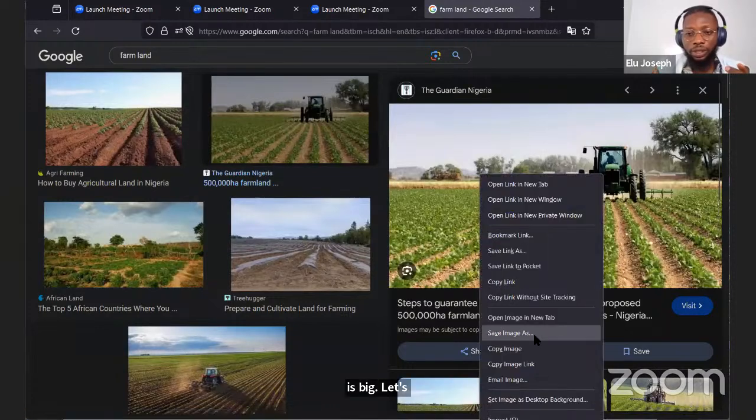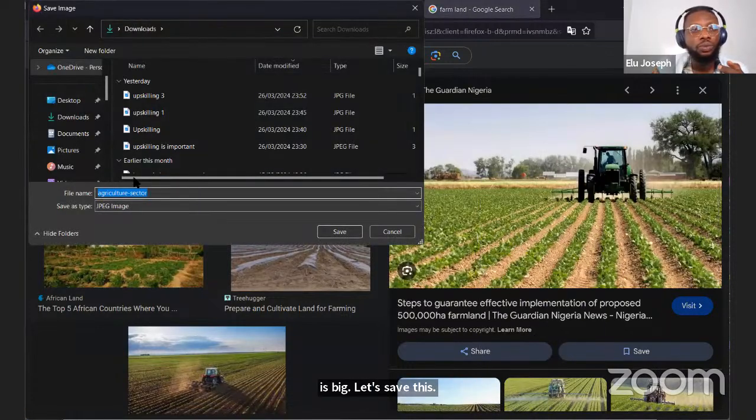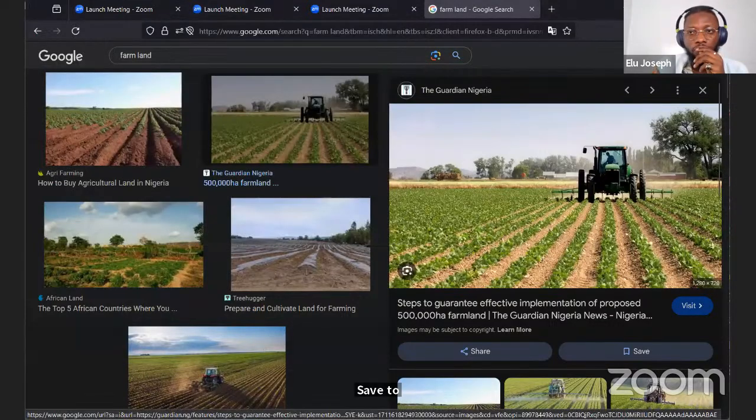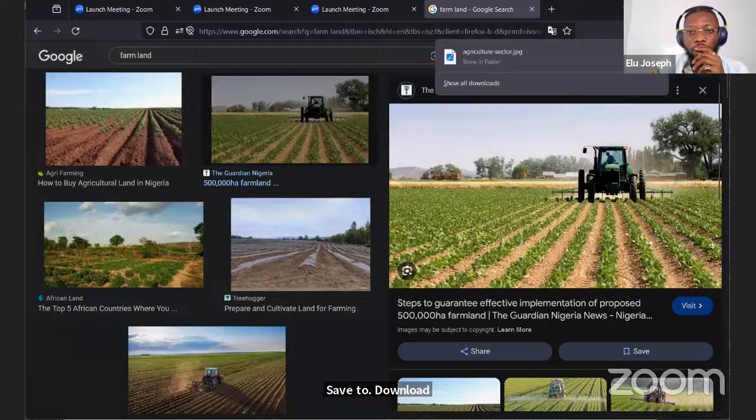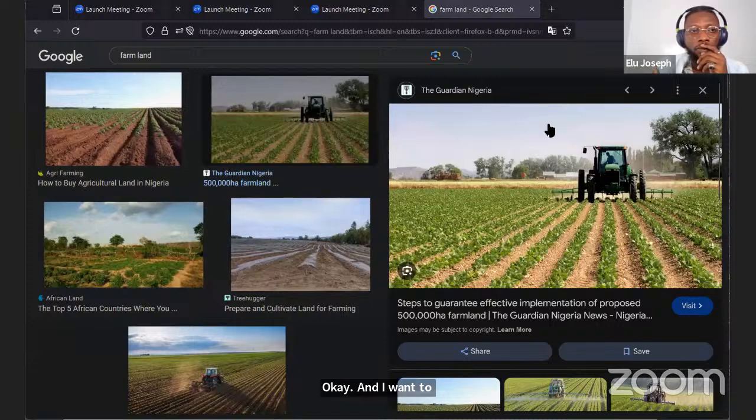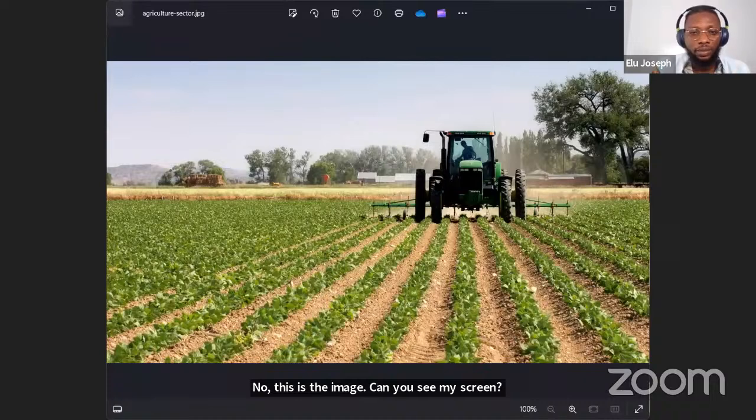Let's save this to download. Okay, and I want to view the image. Now this is the image. Can you see my screen? This is the image here, right? Now I want to zoom in to the image.